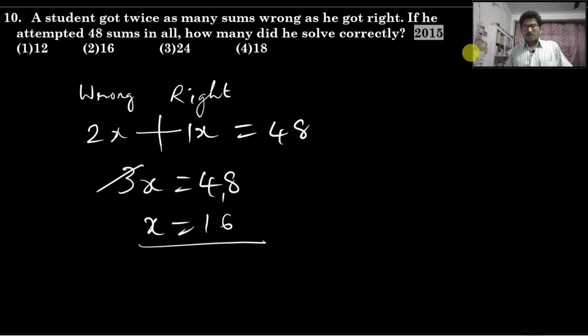So he got 16 right, but he was asked how many did he solve correctly. Okay, asked correct answers only. So 16 is the correct answer. Option 2 is correct.